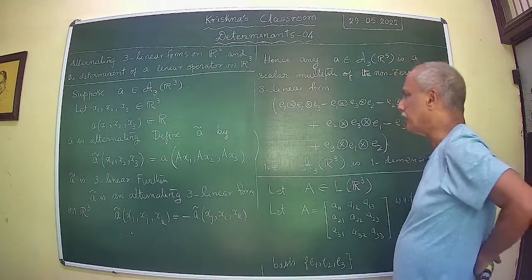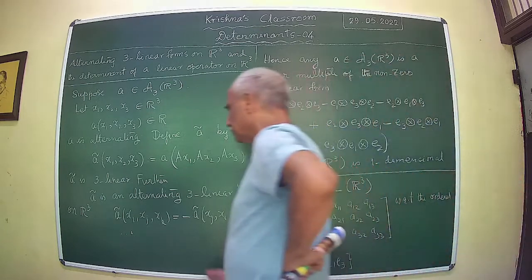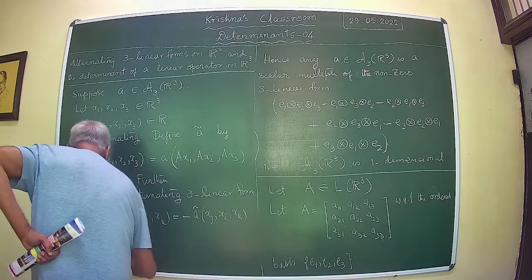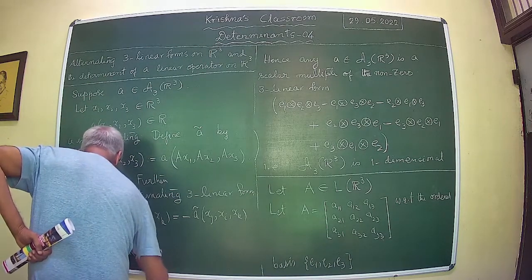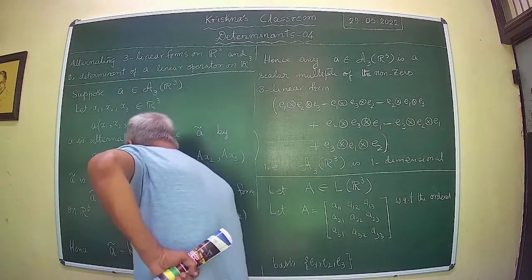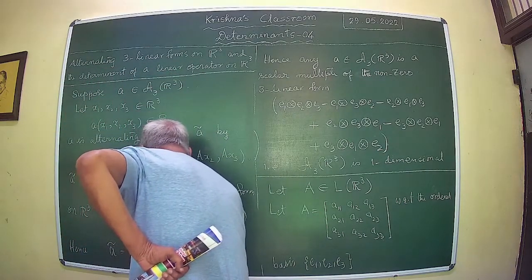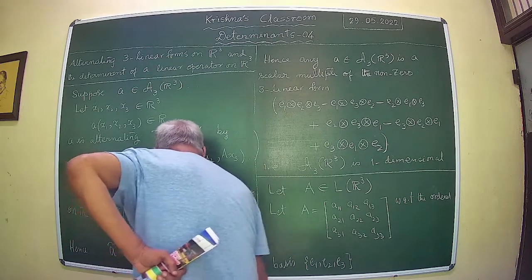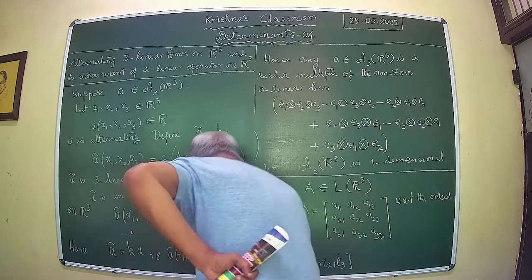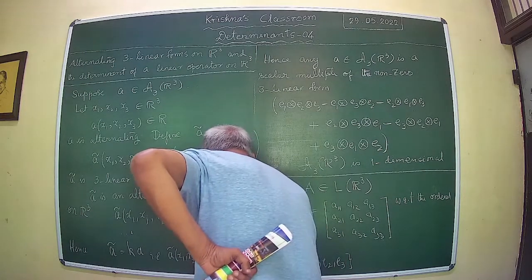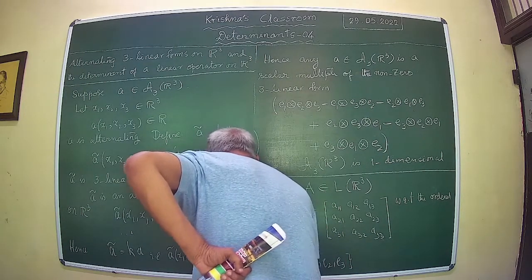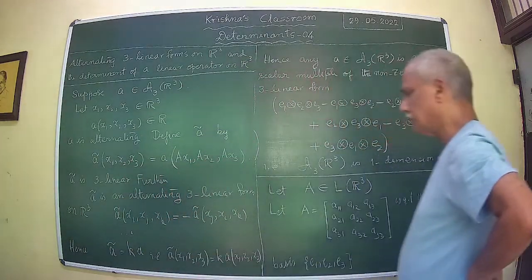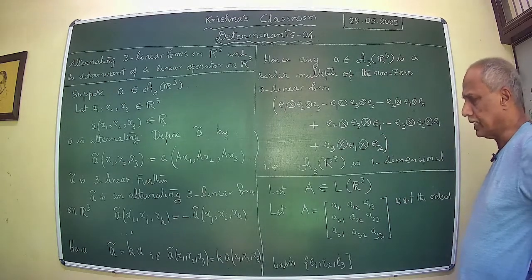Therefore, you see that A tilde is essentially a scalar multiple of A. We shall explore what scalar multiple this turns out to be.